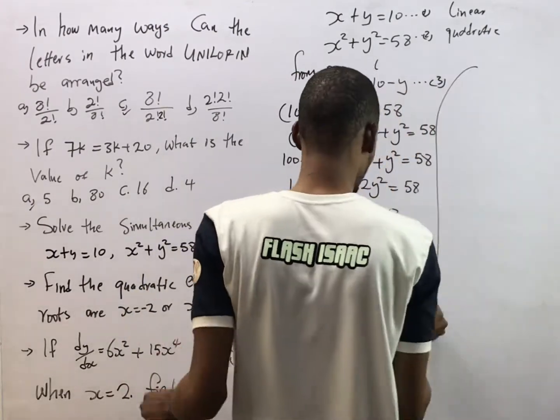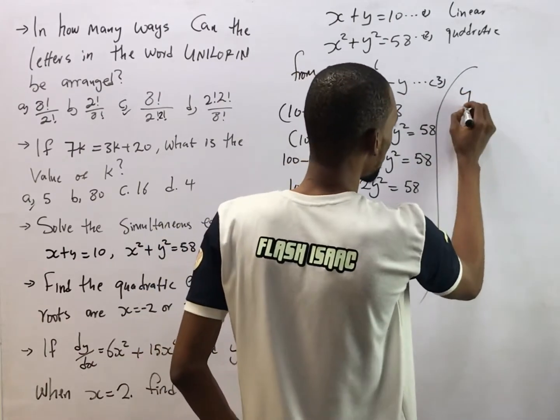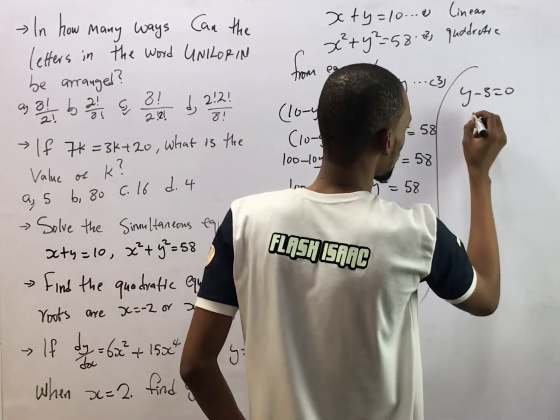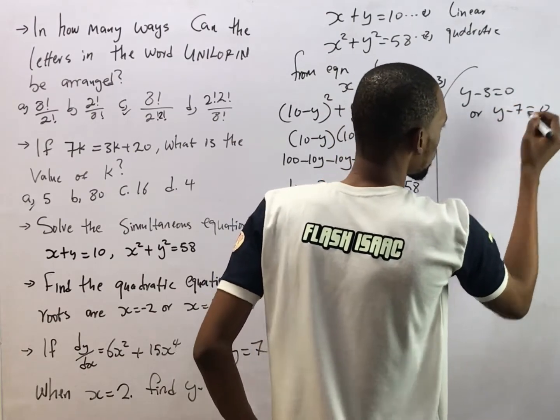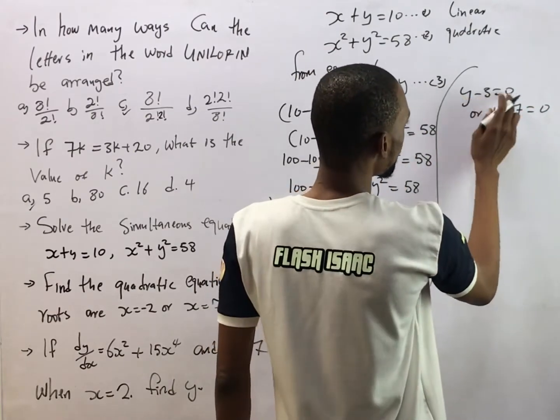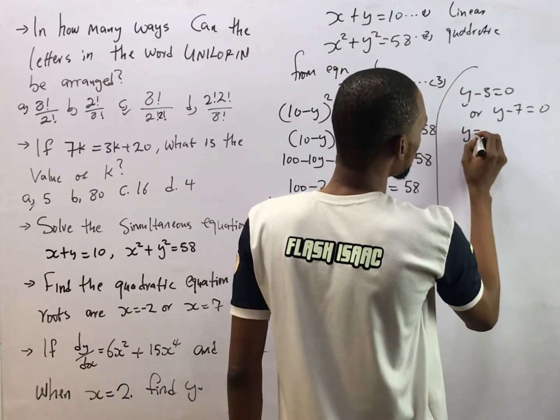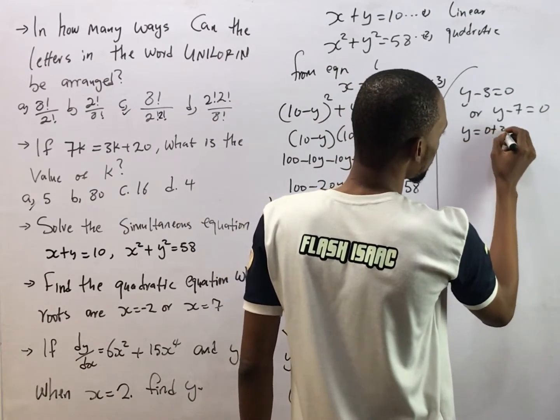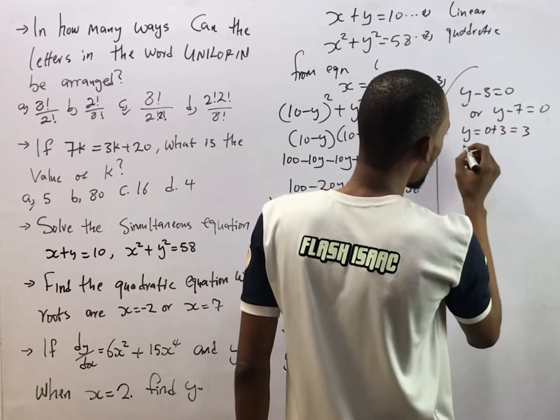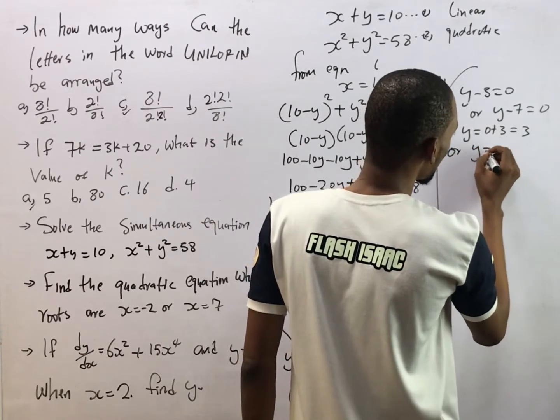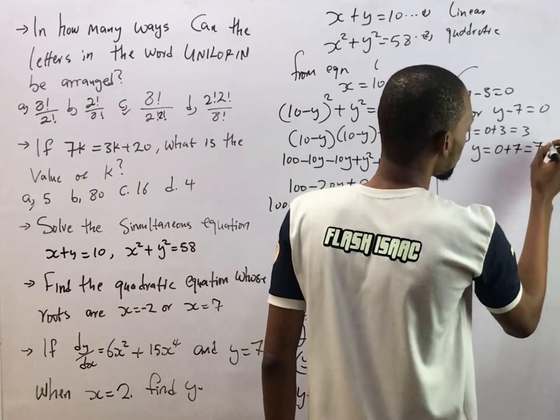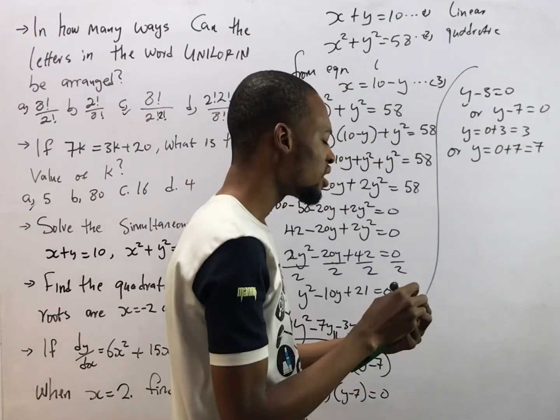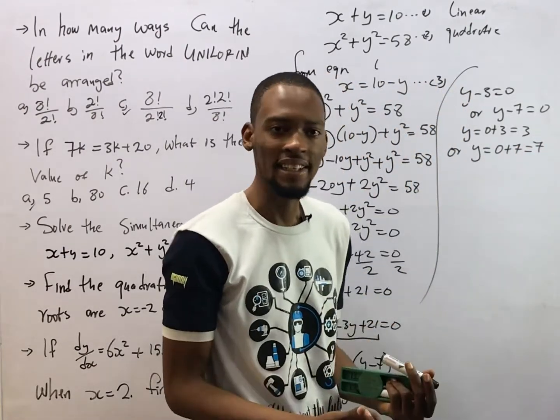That implies that y minus 3 is equal to 0 or y minus 7 is equal to 0. Making y the subject, y is equal to 0 plus 3, which is 3, or y is equal to 0 plus 7, which is 7. So we found the two values for y.